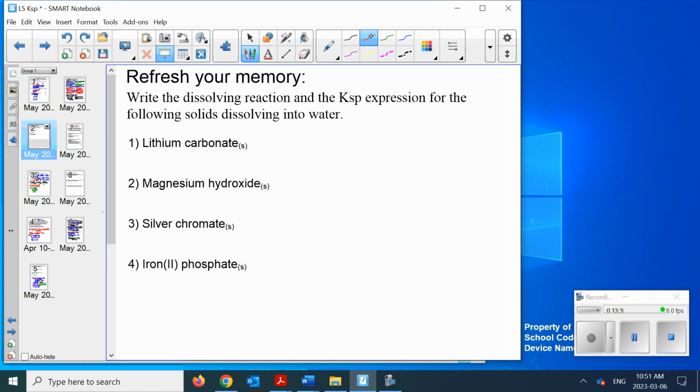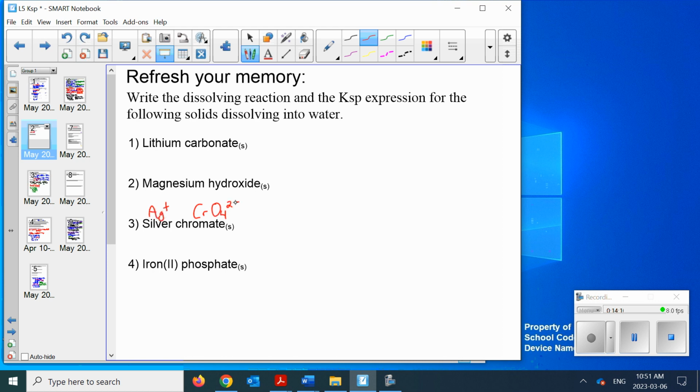Yeah. Ag with a plus though. And then chromate is in the center. There's dichromate and chromate. Be careful. What's the chromate ion? CrO4 with 2 minus.